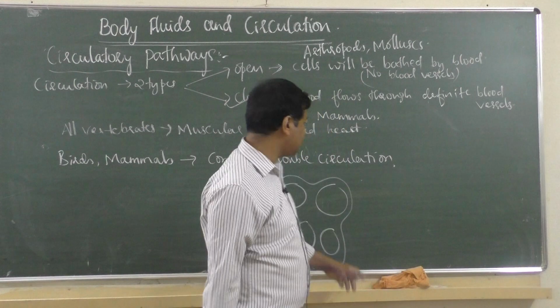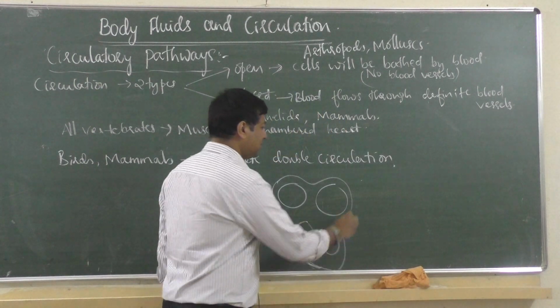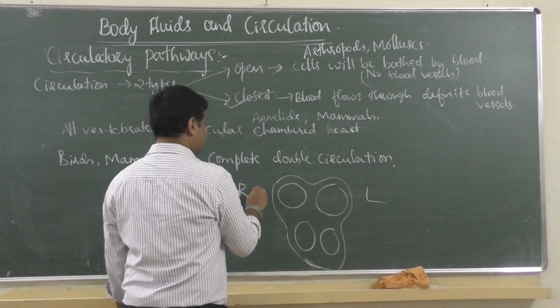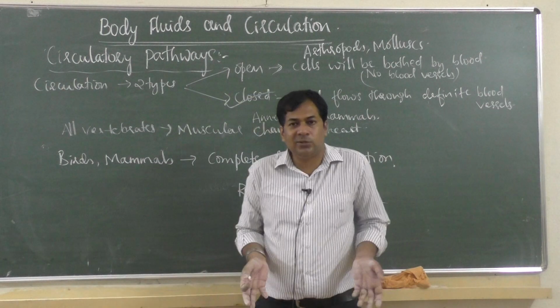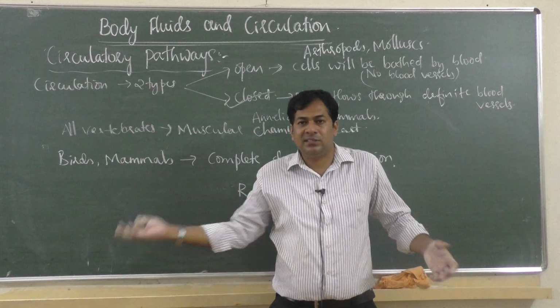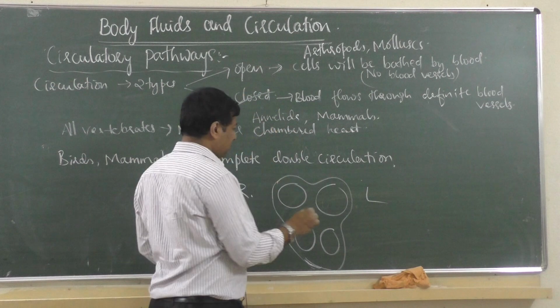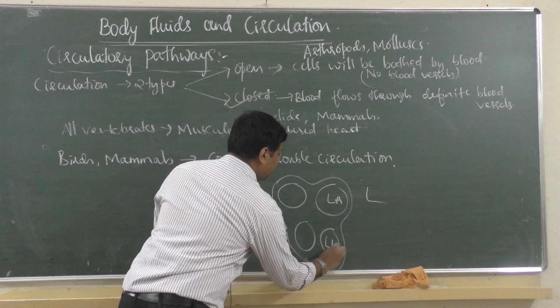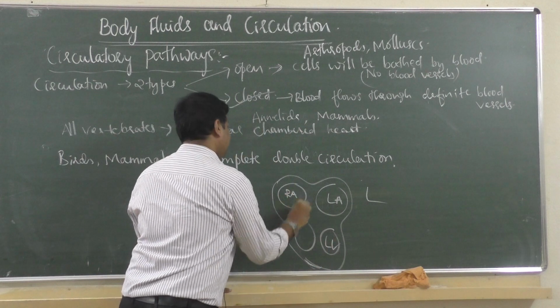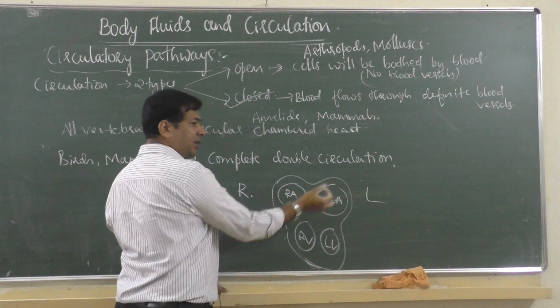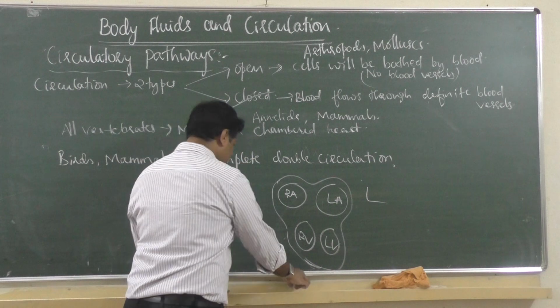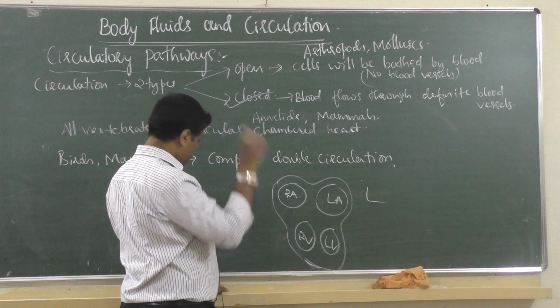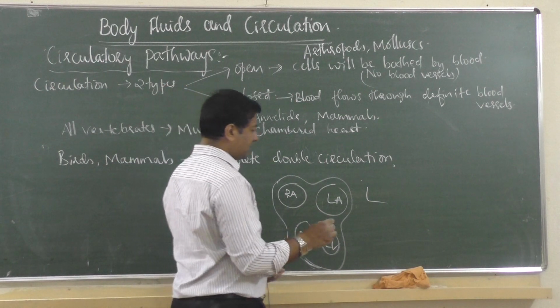For you it looks like this is the right side, but actually this is left and this is right. So this is the left auricle, left ventricle, right auricle, right ventricle. In 10th standard you learnt the heart structure, so you know what auricle and ventricle are. Anyway, we are going to learn it once again in the next class.